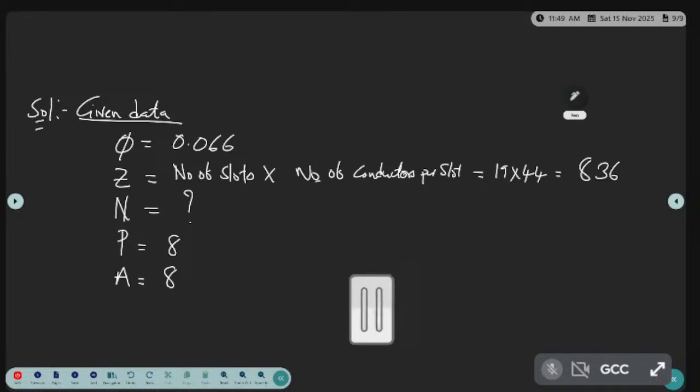Now we have to find the speed at which EG is equal to 564. That is the first question.